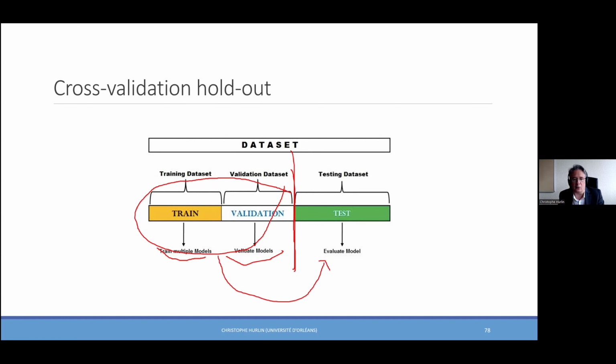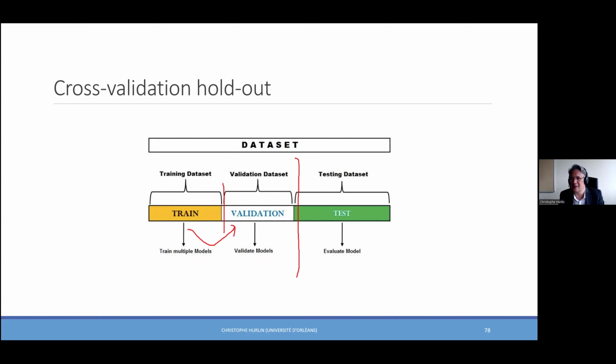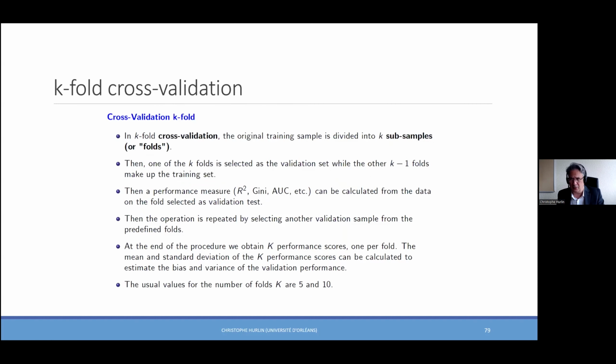This idea to split the train and the validation is exactly the same idea as to split what we called before the train and the test. We evaluate here the model to determine the optimal hyperparameters.